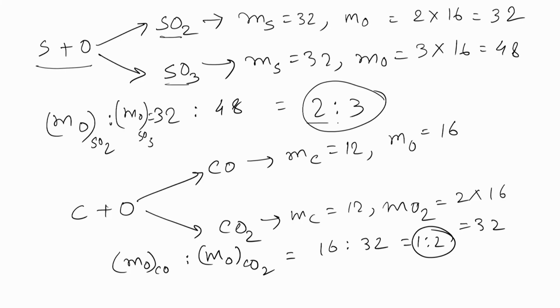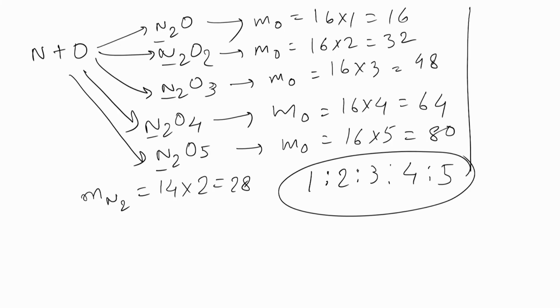Now, we had seen some other examples also, like sulfur and oxygen forming SO2 and SO3, where the ratio was 2:3 for oxygen. Similarly, for carbon and oxygen, we have carbon monoxide and carbon dioxide. They also followed this law. And for nitrogen, we had discussed various oxides which were all in a simple whole number ratio in terms of oxygen, whereas the mass of nitrogen was fixed in all of these cases.